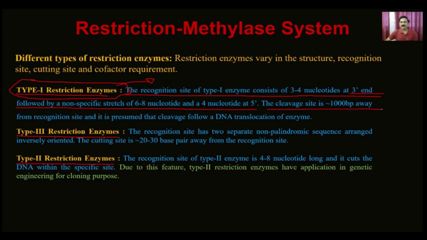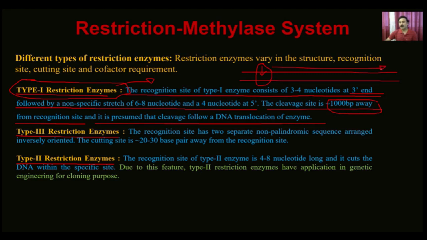The cleavage site is approximately 1000 base pair away from the recognition site, and it is presumed that the cleavage follows a DNA translocation. So you can imagine that type 1 restriction enzymes work on a DNA, and even if they find the recognition sequence, which consists of 3 to 4 nucleotides, they are going to cut after 1000 base pair, which means the cutting is also not going to be very specific.